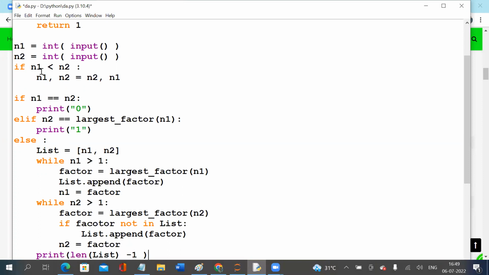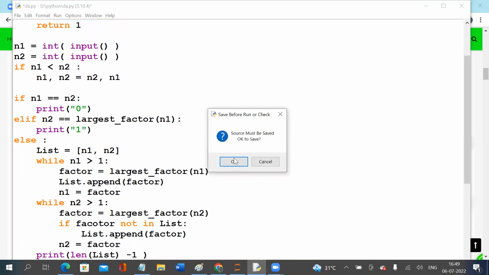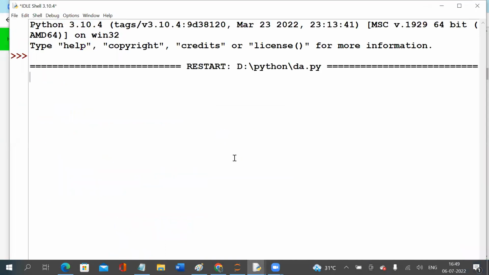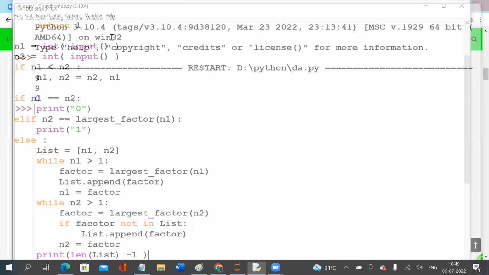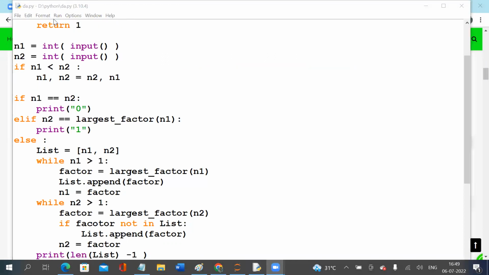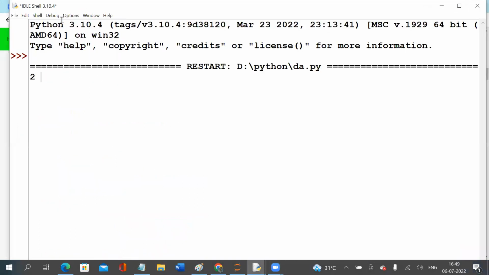Perfect. Let us run it. First 9 and 9. 0. Let us run it one more time. This time let us do 2 and 4. They get swapped, and 2 is the largest factor of 4. You get 1. Perfect.